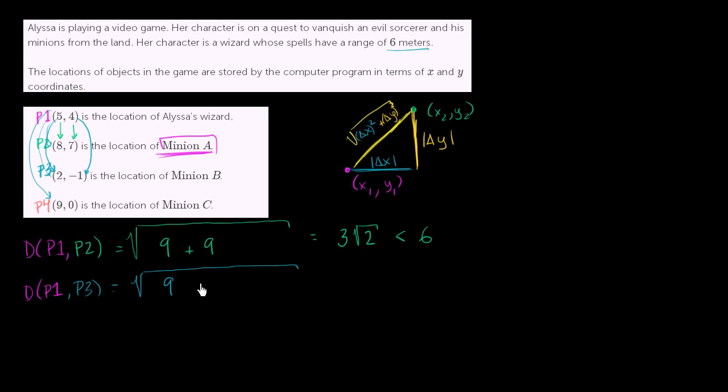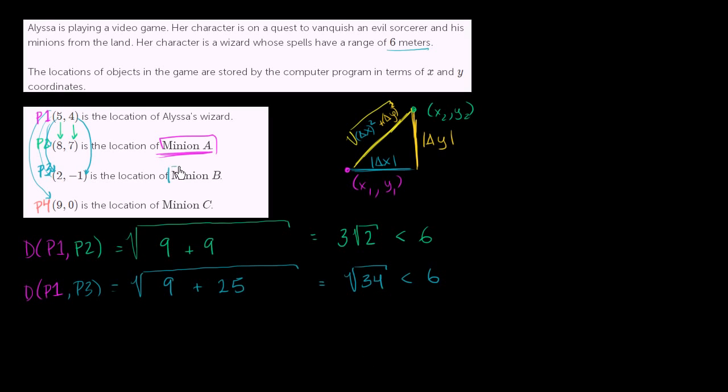That squared is 25. So 9 plus 25 is the square root of 34. Now, is this greater than or equal to 6? Well, the square root of 36 is 6. So this is the square root of a lower number, so this is going to be less than 6 as well.